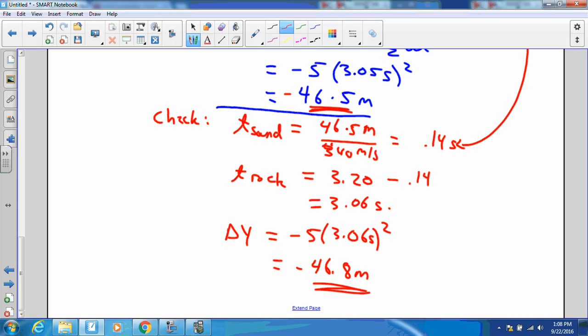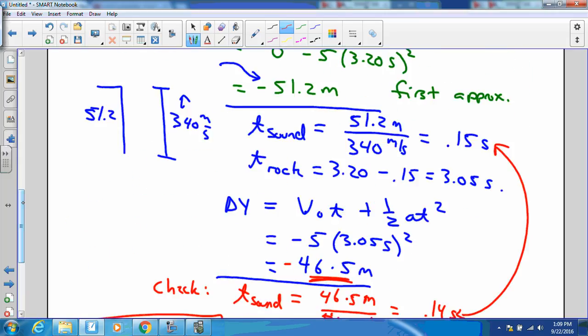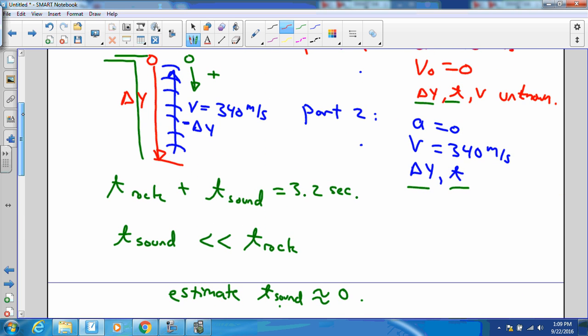At this point, because my third answer and my second answer are so close, I'm going to take the 46.8 to be the true answer, or as close as I need to be to the true answer. And I'm going to say that the cliff is 46.8 meters high. Honestly, if you had stopped at the second draft answer, I would have been okay with that too.